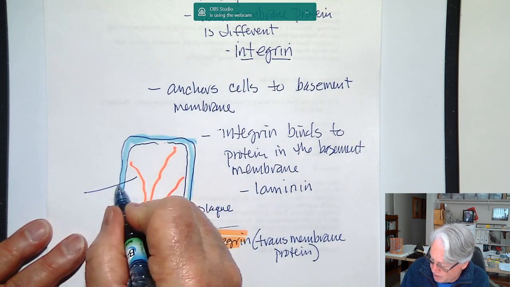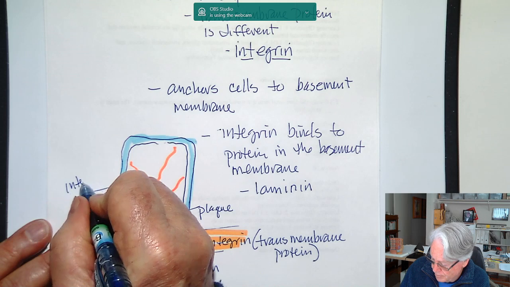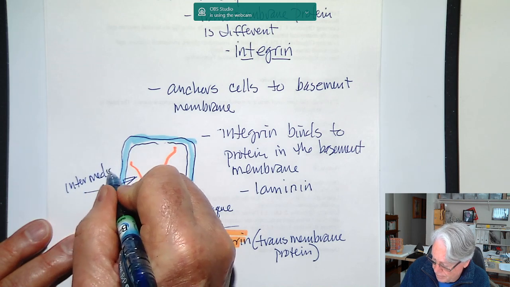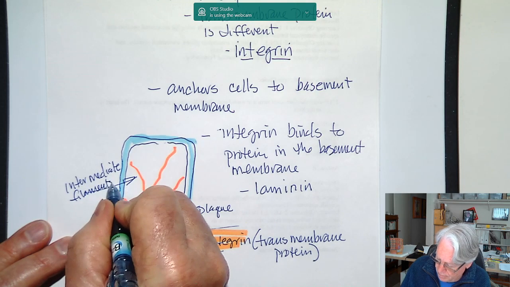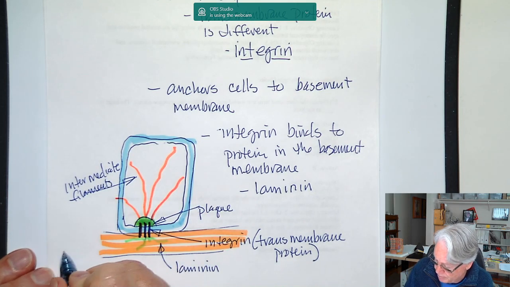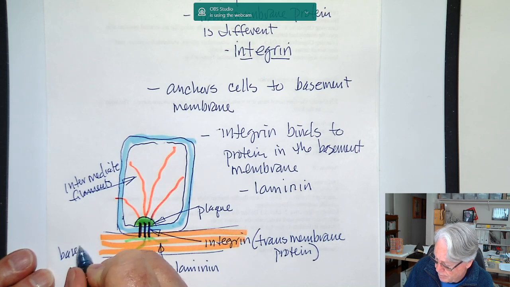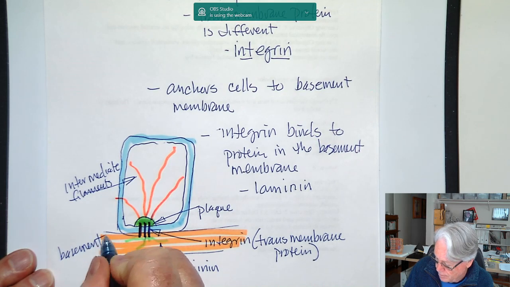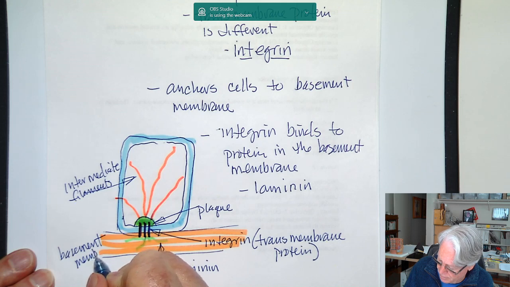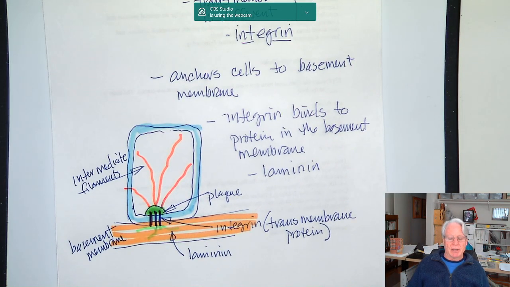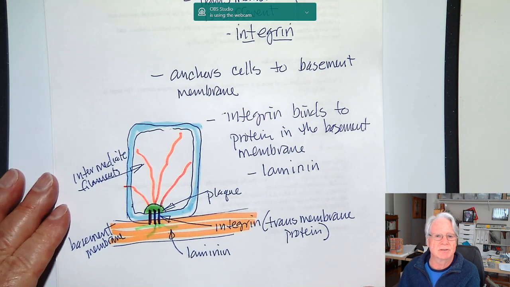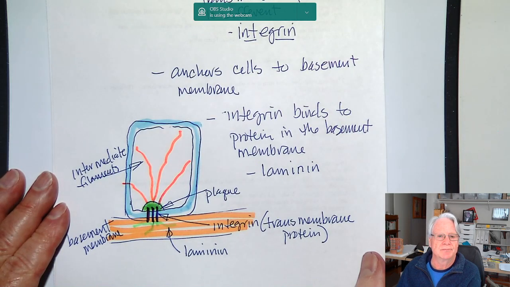And these are my intermediate filaments. And this is my basement membrane. And that's that structure, which is the hemidesmosome. Okay.